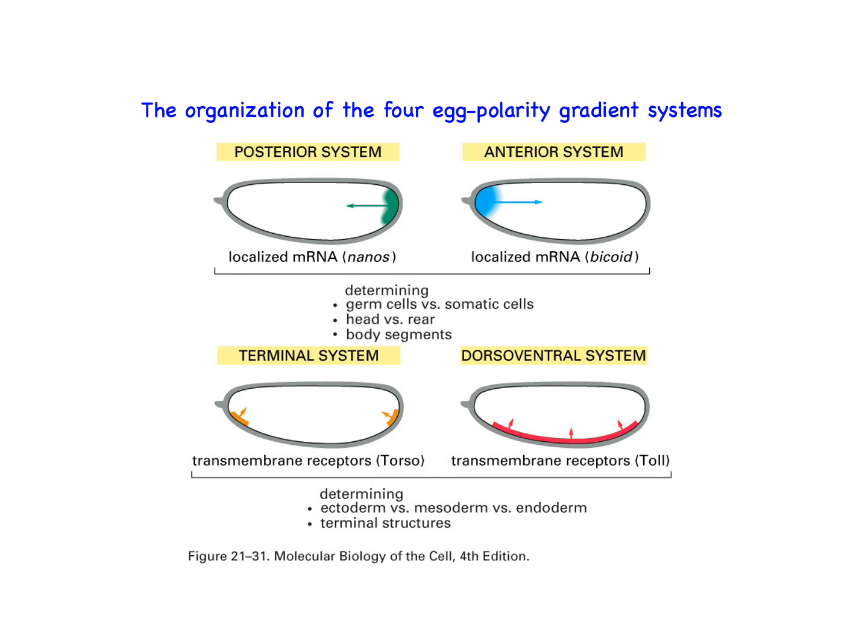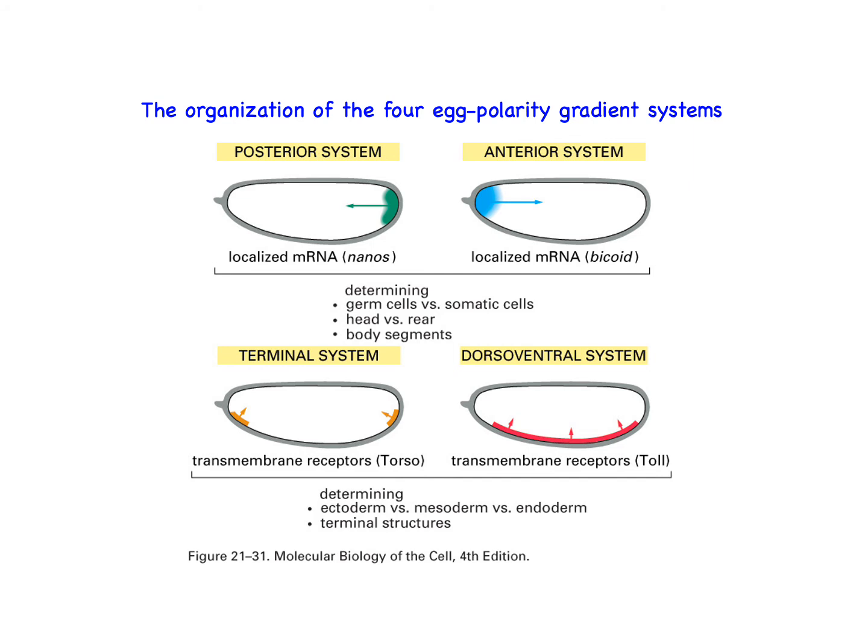And then there's, in addition to that, another gradient set up in the dorsal-ventral axis of the embryo, and this is through a gene called Toll. You may have heard of Toll or Toll-like receptors that are important in the innate immune system.